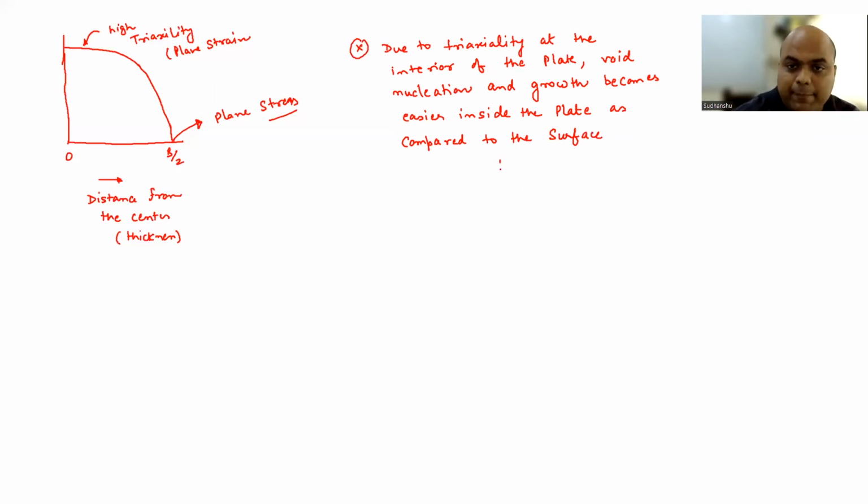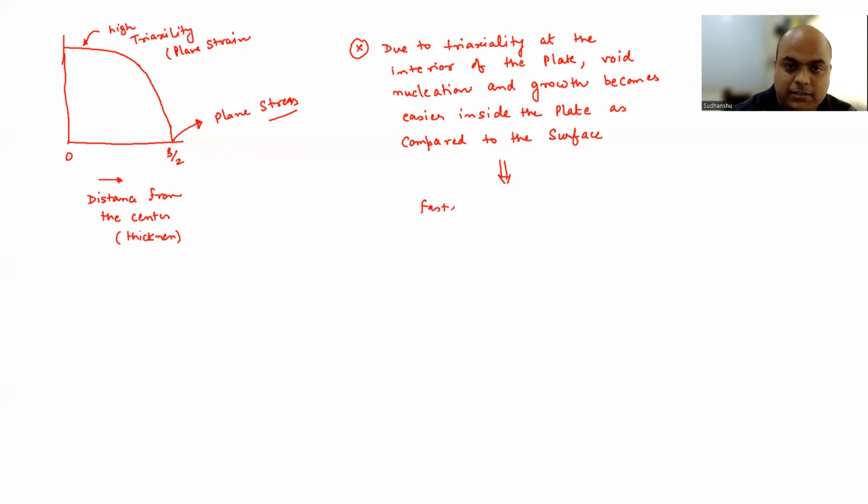Okay, and since the void nucleation and growth has now become easier, the merging of these voids with the main crack also becomes faster, right? So the crack growth at the center becomes higher.